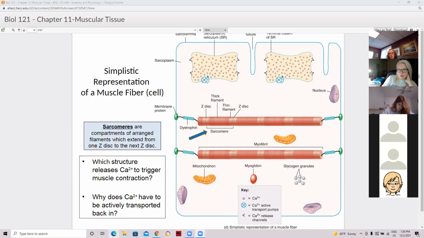Is it a situation where it's higher on the outside than on the inside? Yes, it has to do with the fact that we've got to move things against a concentration gradient. We'll think back on this question later. Eventually, when the concentration inside the sarcoplasmic reticulum is higher than on the outside, we have to start pumping calcium against the gradient, because this is where we need it to be, sequestered in there.